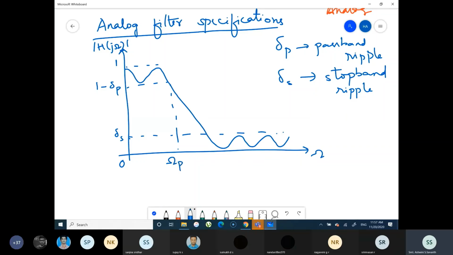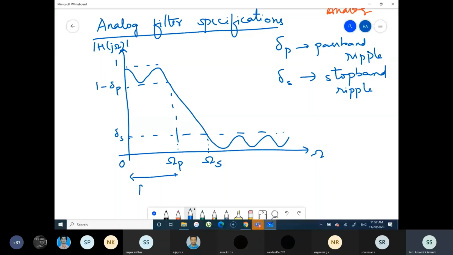All these notations are for the analog filter, that's why we are writing omega. So omega p is the pass band edge frequency, and the edge of the stop band is omega s. Omega s is the stop band edge frequency.